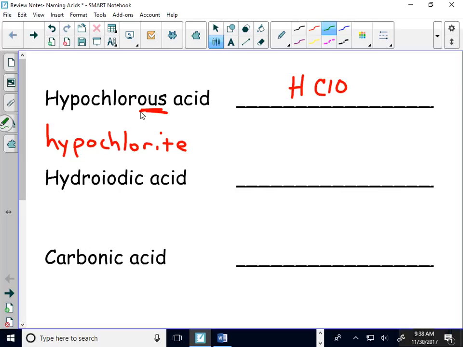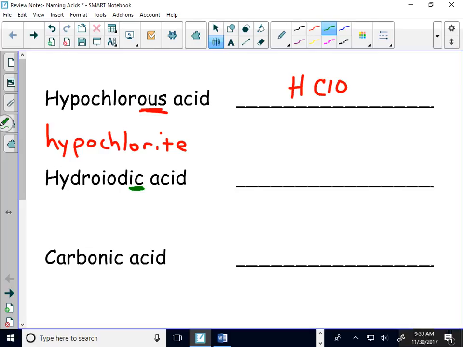Now, my second one here, I see the word acid, so right here, I look at the ending. When I think of these, folks, I think of this, ICIC, okay? If I see an IC, it's got to be rule 1 or 3, right?